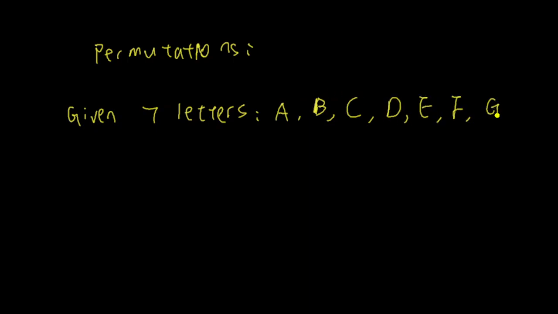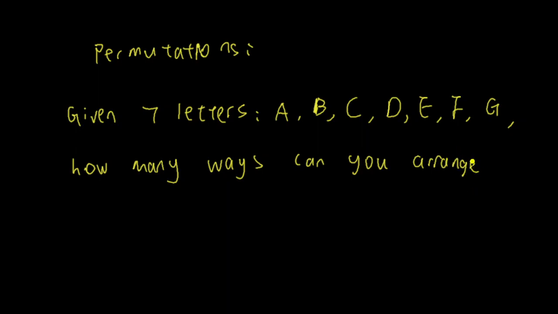Now, let's give an example. Given 7 letters, A, B, C, D, E, F, and G. How many ways can you arrange a 7-letter word with these letters?